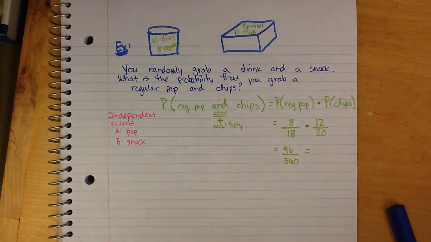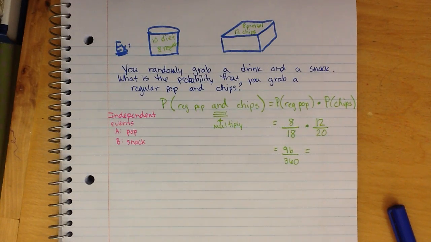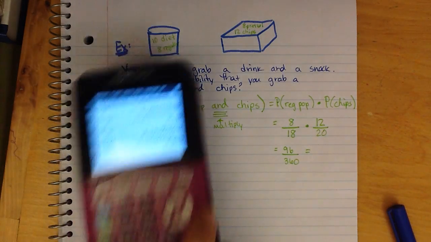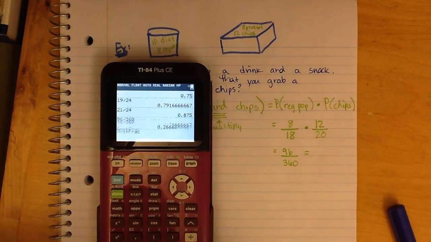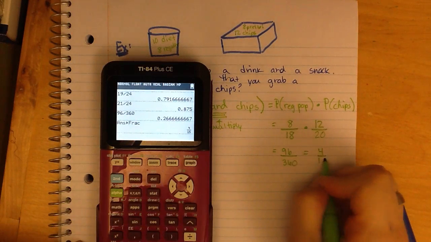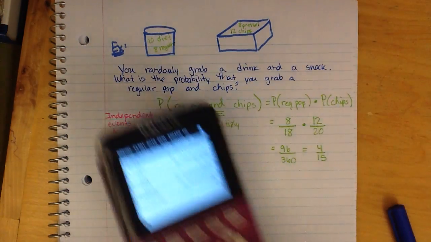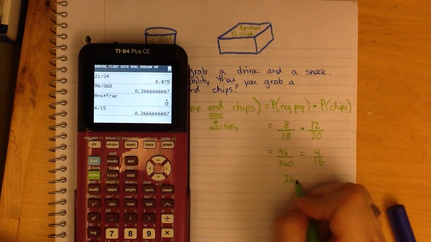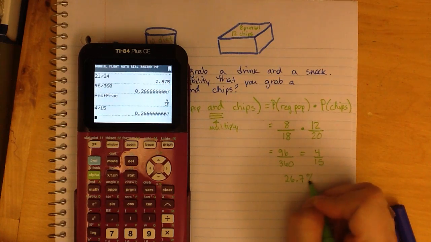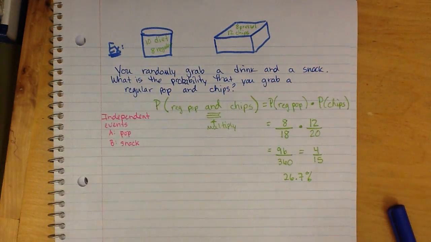And I think that's going to simplify, so I need to grab a calculator. That would simplify to 4 out of 15. So we have a 4 out of 15 chance, which is 26.7% probability that we would grab a regular pop and chips.